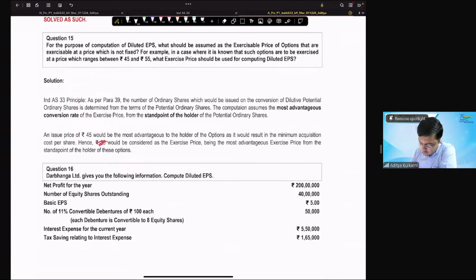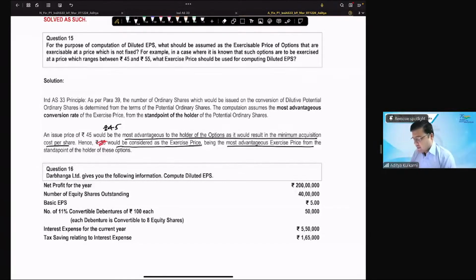This has to be 45. At 45, it would be most advantageous to the holder of the options as it would result in minimal cost of acquisition per share. Hence, rupees 45 would be considered as the exercise price, being the most advantageous exercise price from the standpoint of the holder of these options. Is it okay? All right.